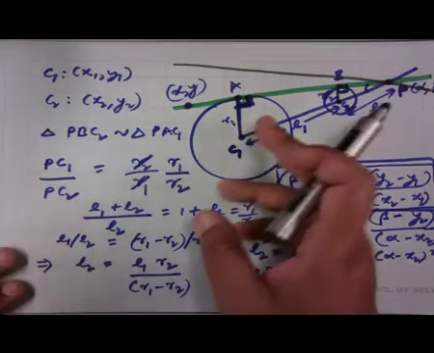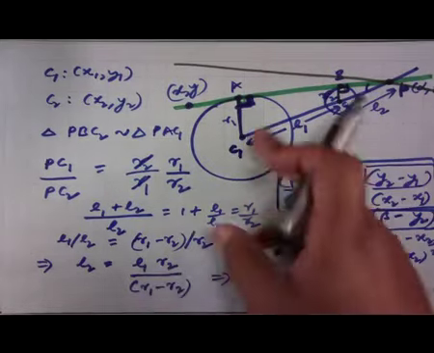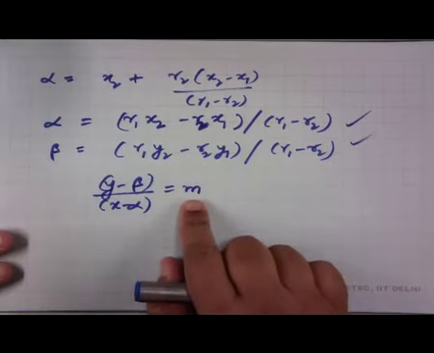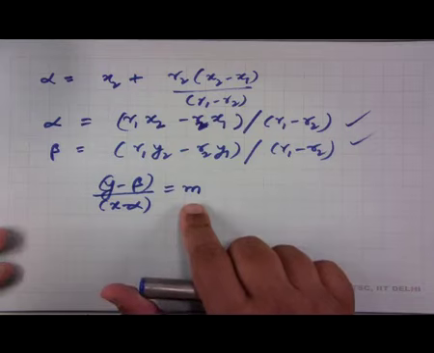If it is r1 and r2, then this line has to be a common tangent to both these circles. So, we will use that to get some equations in terms of m and then try to solve for this m.